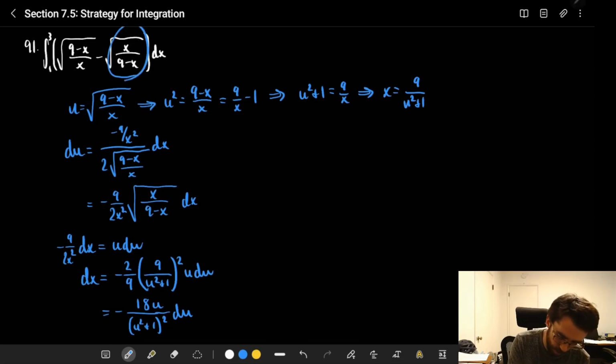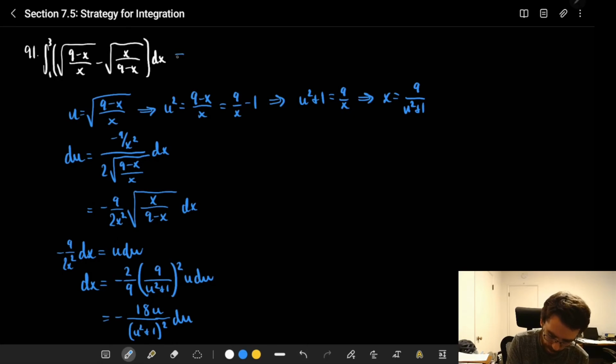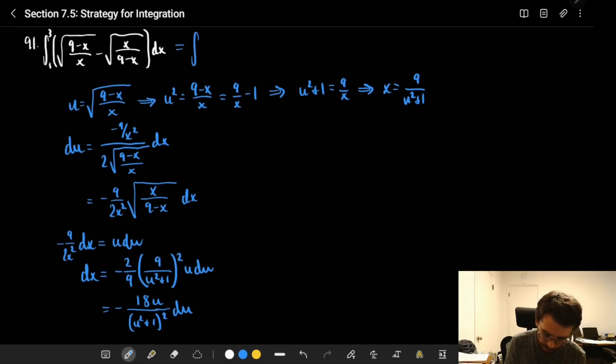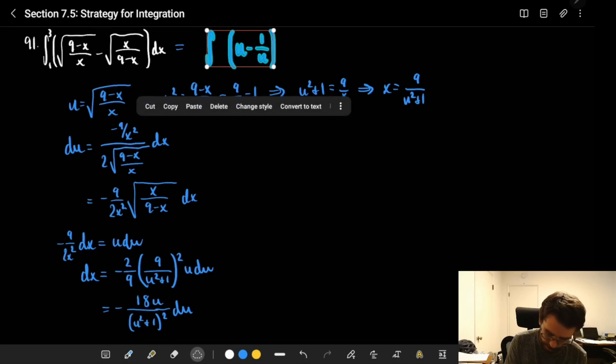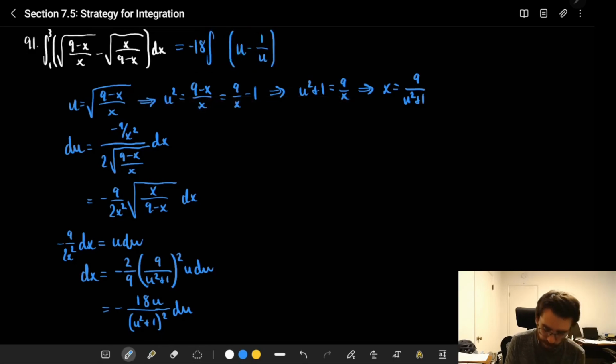And actually this piece is 1 over u. So this becomes, I don't know the bounds yet. The integrand is u minus 1 over u. And then I just need to toss dx on here. So let's do that. I'll pull the negative 18 out. And the remaining terms are just u over u squared plus 1 squared du.